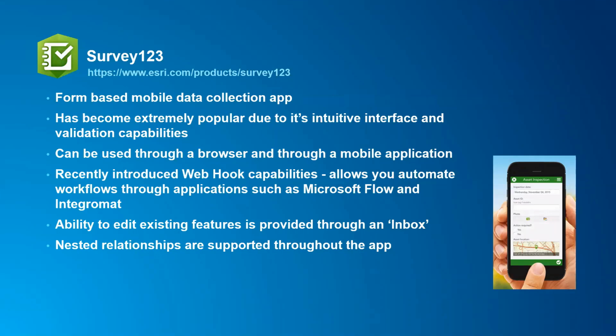You can configure required fields, use regular expressions to validate the input data, and have conditional logic and various things like that. For those reasons it's really popular, not just for collecting spatial data but even for regular data as well.